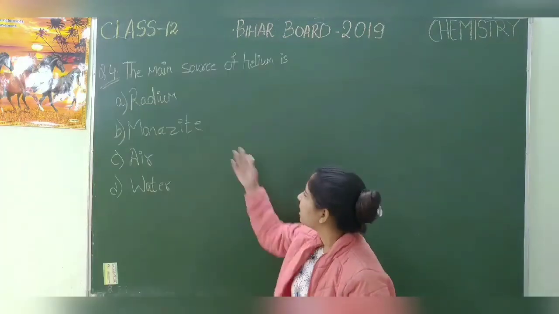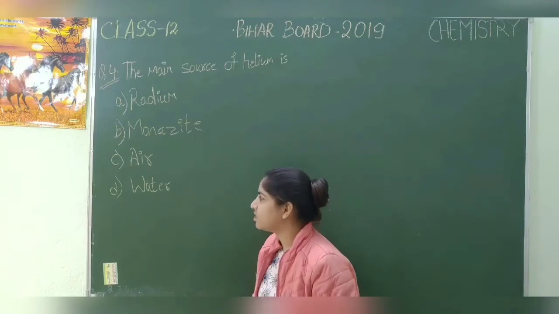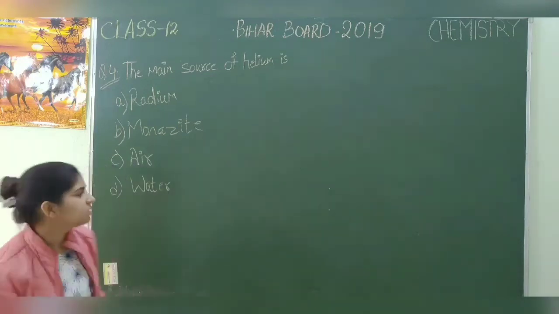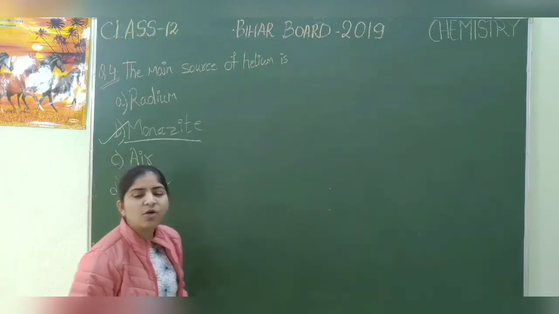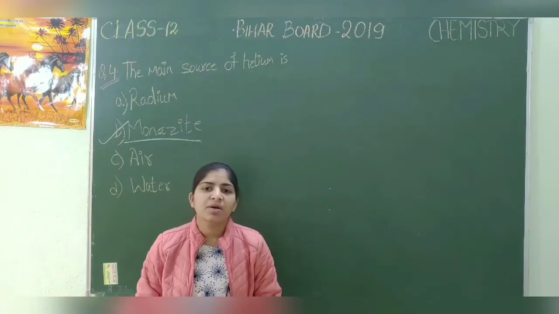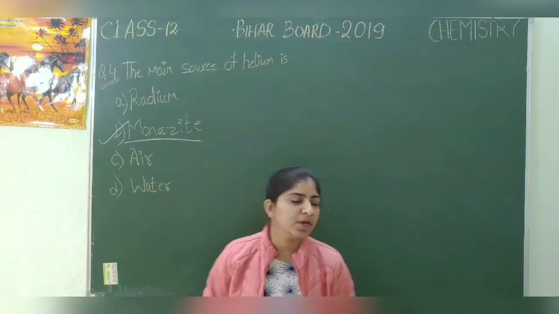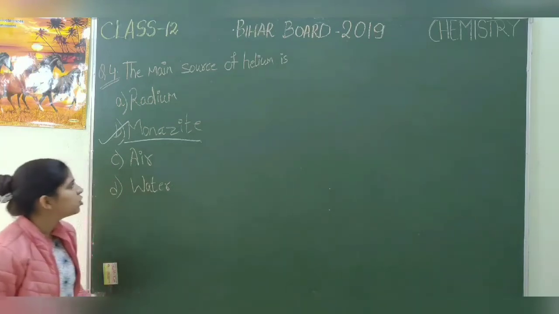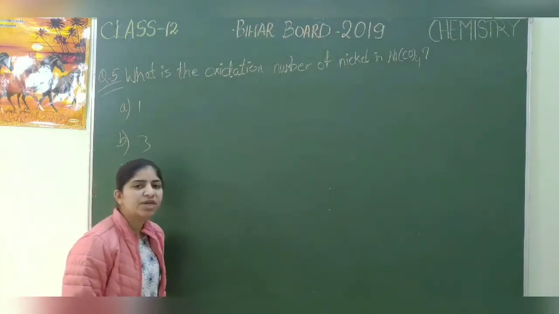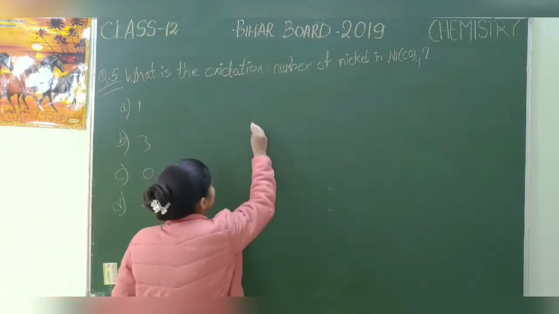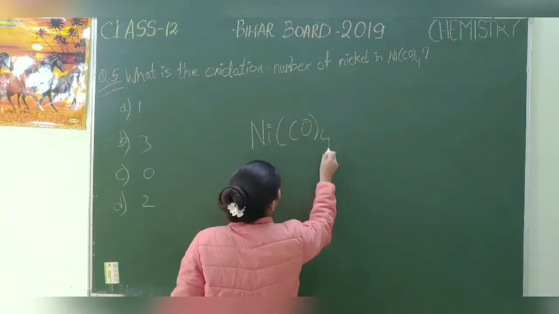Now come to next question. The main source of helium is radium, monazite, air or water. Our option is B, because due to the alpha decay of thorium and uranium, monazite contains significant amount of helium. Okay. Now you can take a screenshot. Come to next question, that is, what is the oxidation number of nickel in Ni(CO)4?